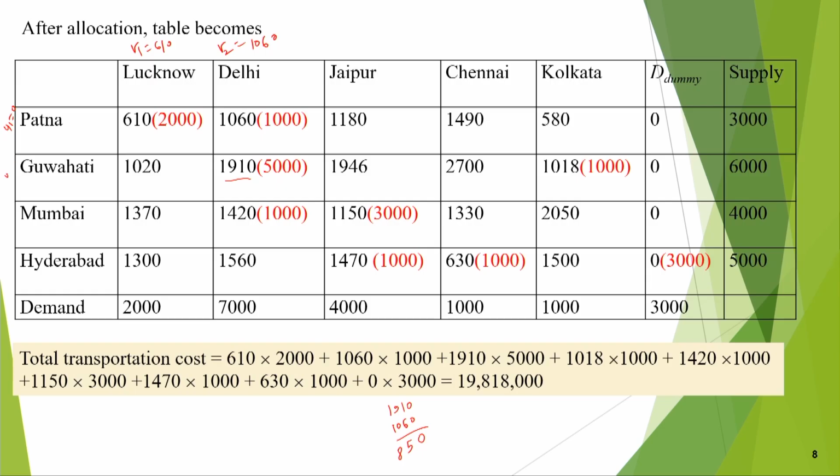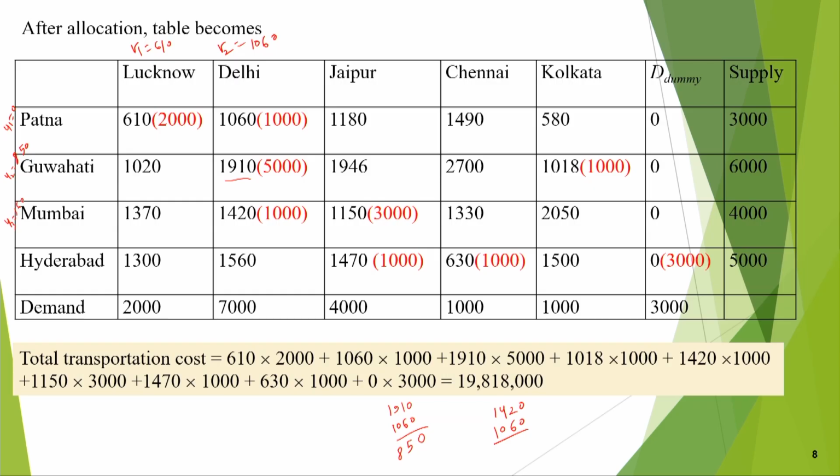So you can say U2 is equal to 850. Here itself you can write. And similarly, this is also filled. So, here it is 1060 and this is 1420. So, this will be 1420 minus 1060. So, this is 360. So, you can say U3 is equal to 360.